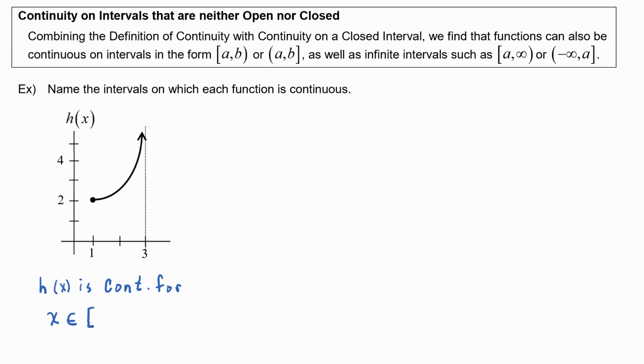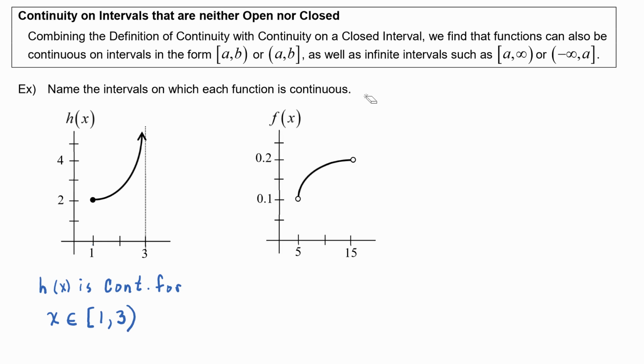We would put a closed bracket and we would include the x equals 1. Then it goes all the way until 3, but does not include 3. So we have to put an open bracket on the 3.